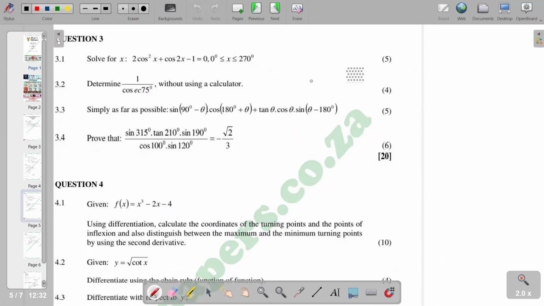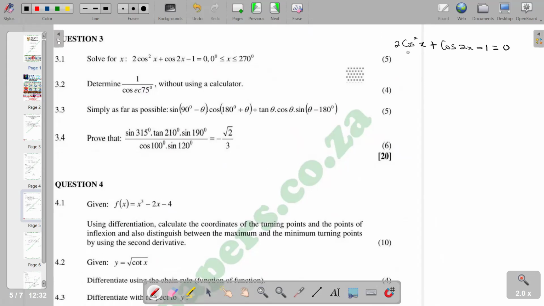Then you are given the equation, it's saying 2 cos squared x plus cos 2x minus 1 is equal to 0. That's what we are given.